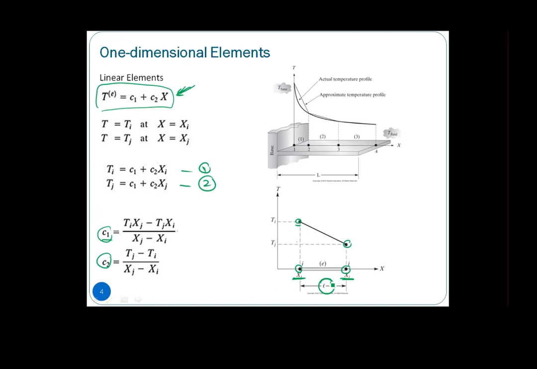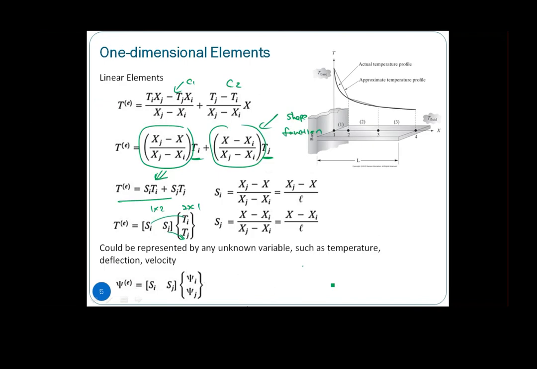So it can be simplified to xj minus x over L for the shape function at node i. The shape function at node j can be represented by x minus xi over L. So that gives us the equations that represent the elemental equations for that particular element.